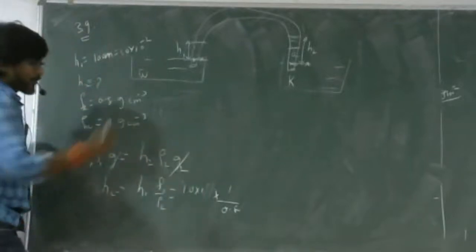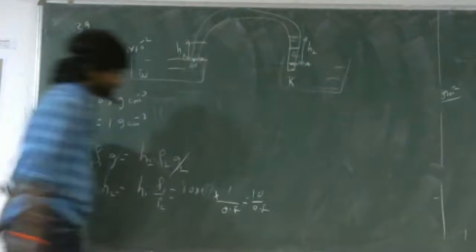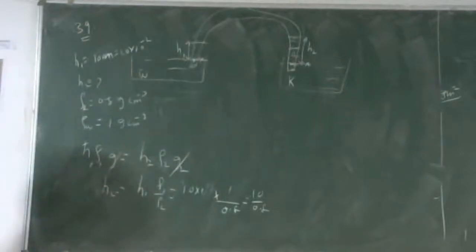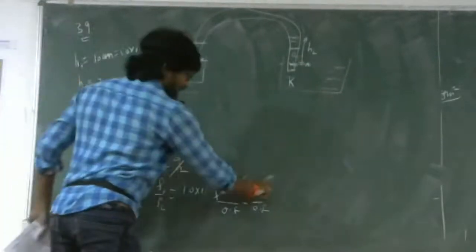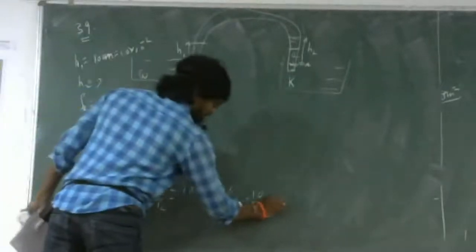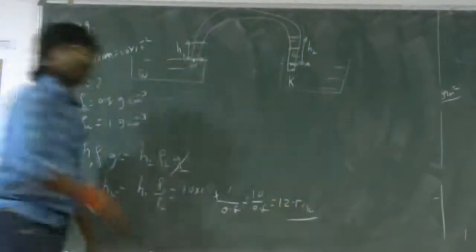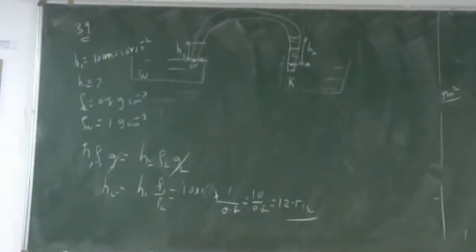So 10 by 0.8, how much? Based on the options, you have to simplify. If you simplify this, you can multiply 10 by 10, 100 by 8. 100 by 8 is 12.5. What is this height in centimeters? 12.5 centimeters. Got it?